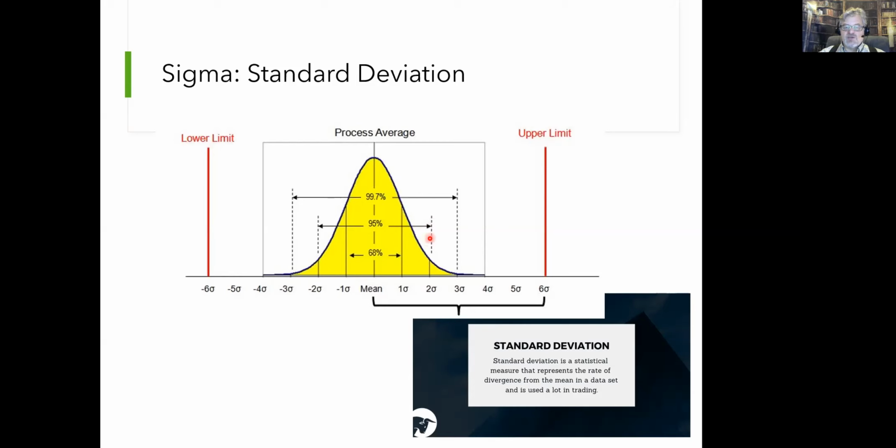Two deviations is twice that, three deviations is three times that, four deviations is usually the outside of the curve, and if you go to six deviations or six sigma, these are way out there in terms of the limits, usually, of your measuring process.